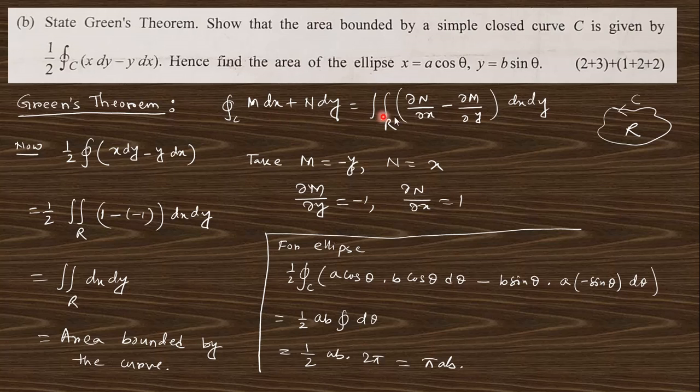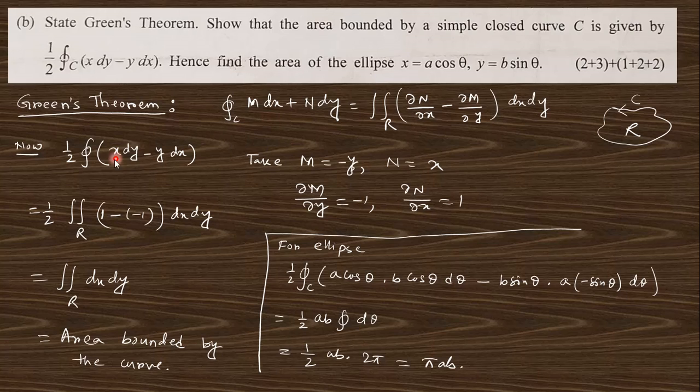If this is any contour, and you integrate along this contour, you will get a value equal to the double integral of this difference of derivatives, dx dy, over this region. That means the line integral will be equal to this surface integral.